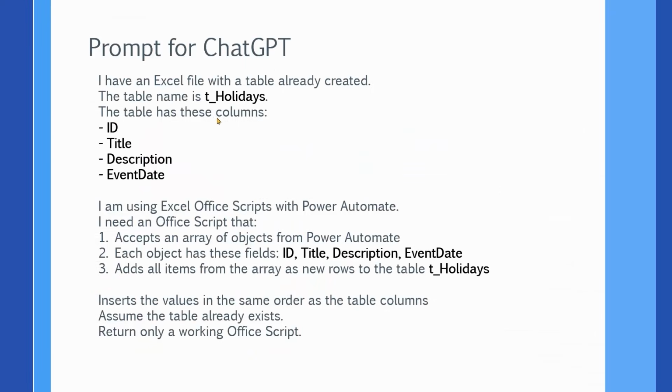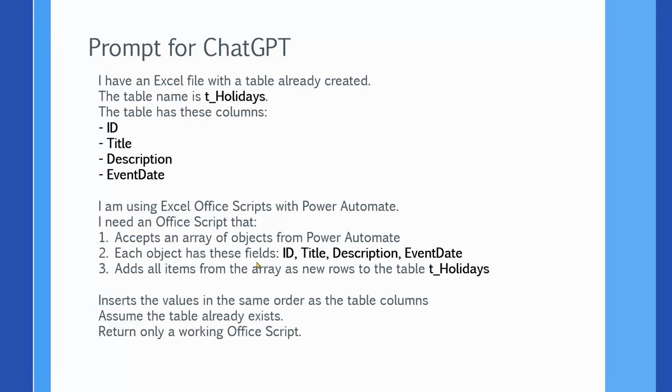The table has these columns: ID, title, description, event date. I'm using Excel Office scripts with Power Automate. I need an Office script that accepts the array of objects from Power Automate. It is necessary to tell ChatGPT that you want to call it directly from Power Automate. And in this case, ChatGPT creates an Office script that accepts the entire JSON array.